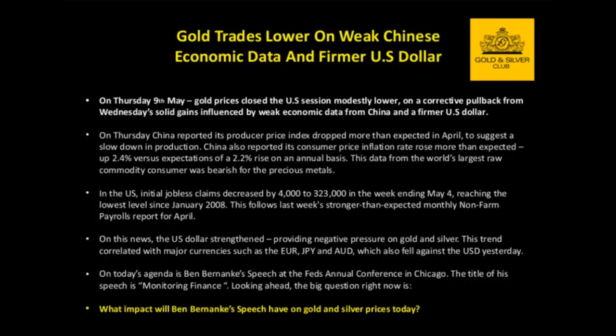In fact, those of you who get the non-farm payroll forecasts through FX Street may have noticed that we actually managed to get that spot on with 165,000 jobs. On this news, the US dollar strengthened, providing negative pressure on gold and silver, and this trend correlated with major currencies such as euro, Japanese yen and Australian dollar, which also fell against the US dollar. So we had some big moves just on non-farm payroll.